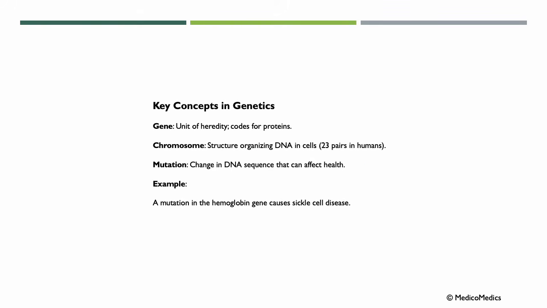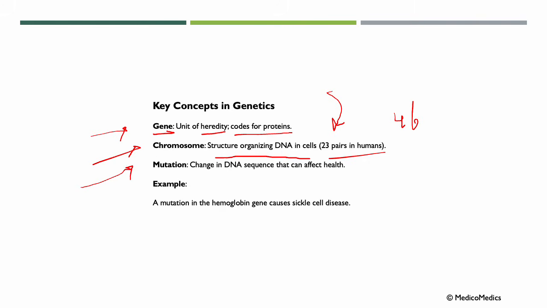Now, some key concepts in genetics include the gene, which is the unit of heredity, and it codes for proteins. Then we have chromosomes. These structure and organize DNA in cells. And we have 23 pairs in humans, and in total, 46. Mutations, so changes in the DNA sequence that can affect health.